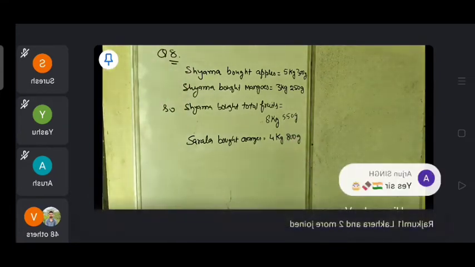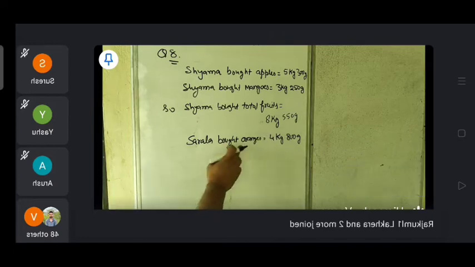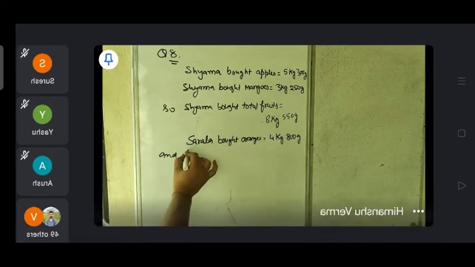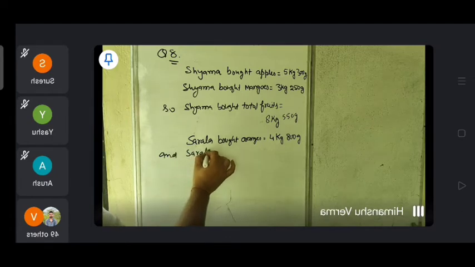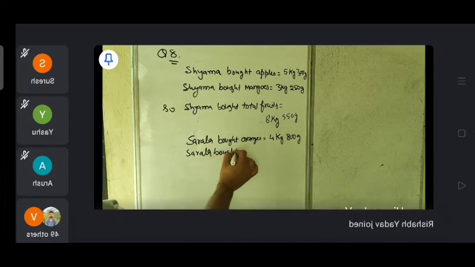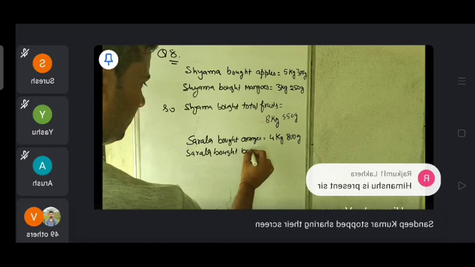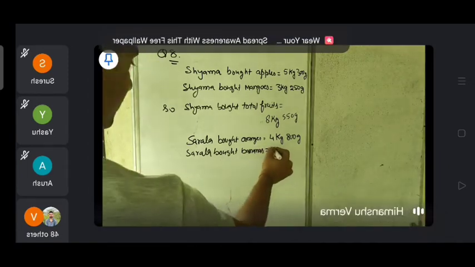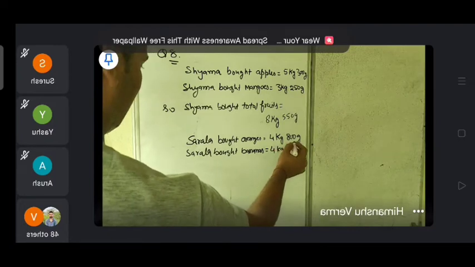Sarla bought 4 kg and 800 grams oranges, and Sarla also bought bananas, which is equal to 4 kg and 150 grams.